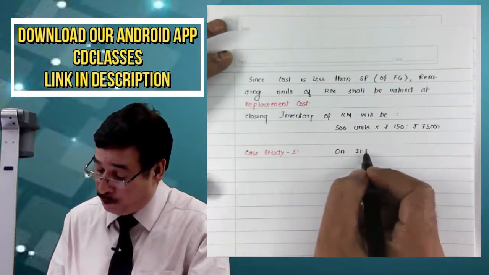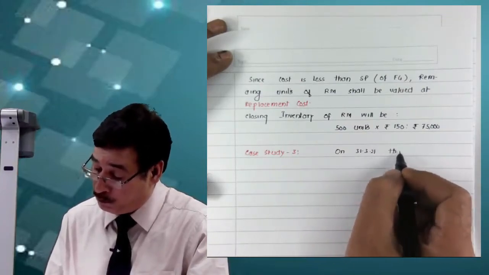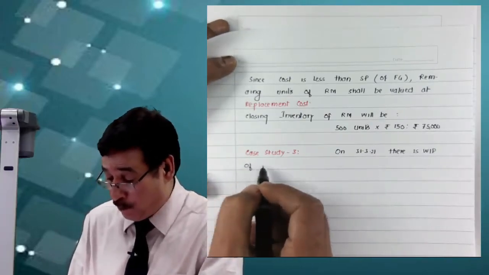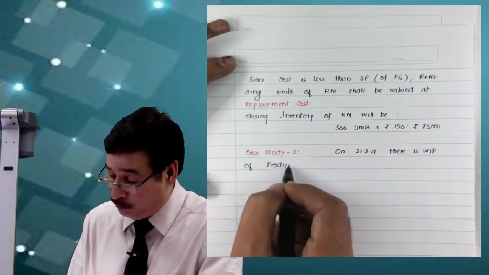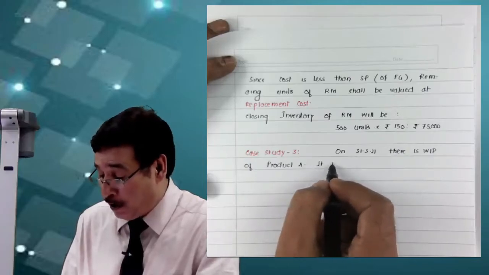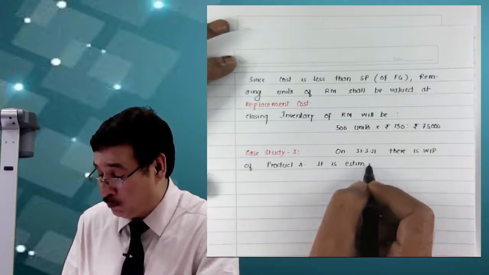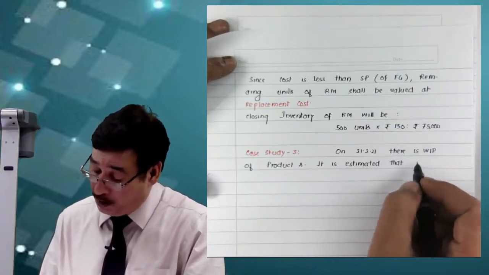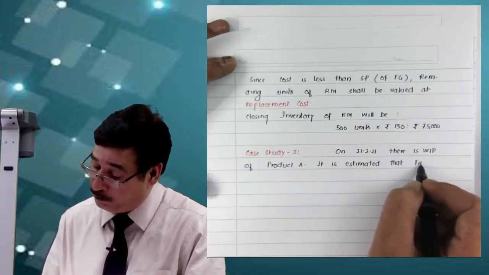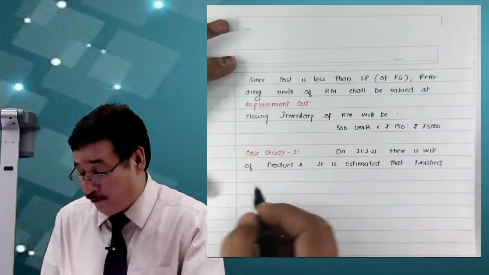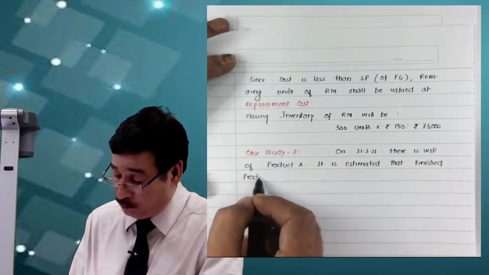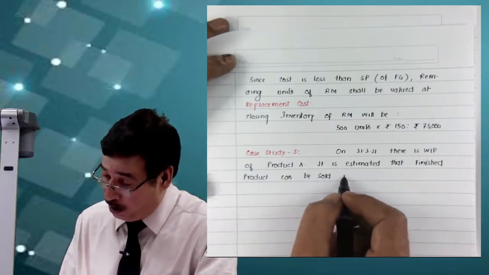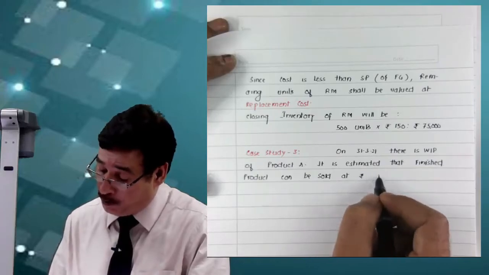On 31/3/21, there is work in progress of product A. It is estimated that the finished product can be sold at rupees 1000.